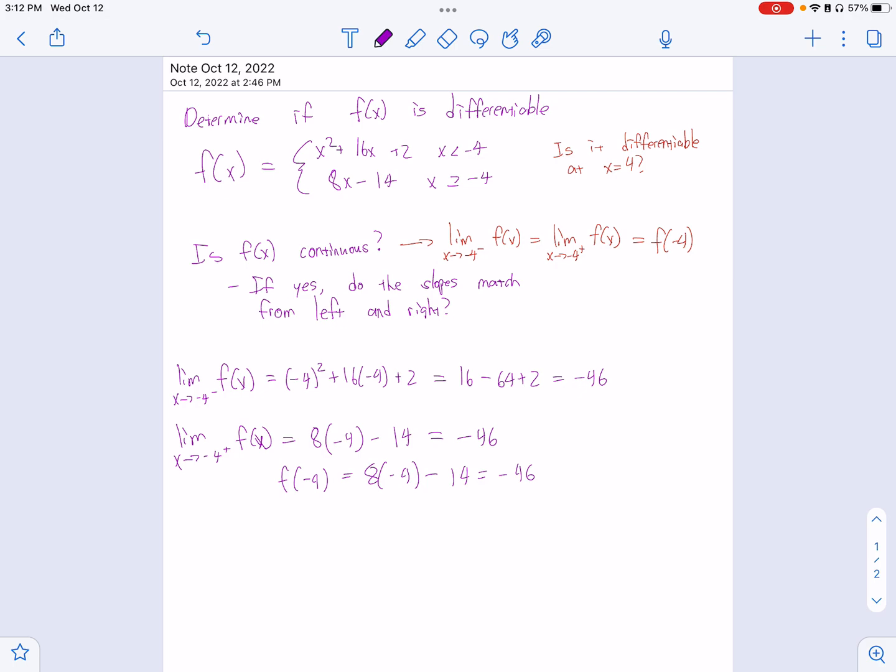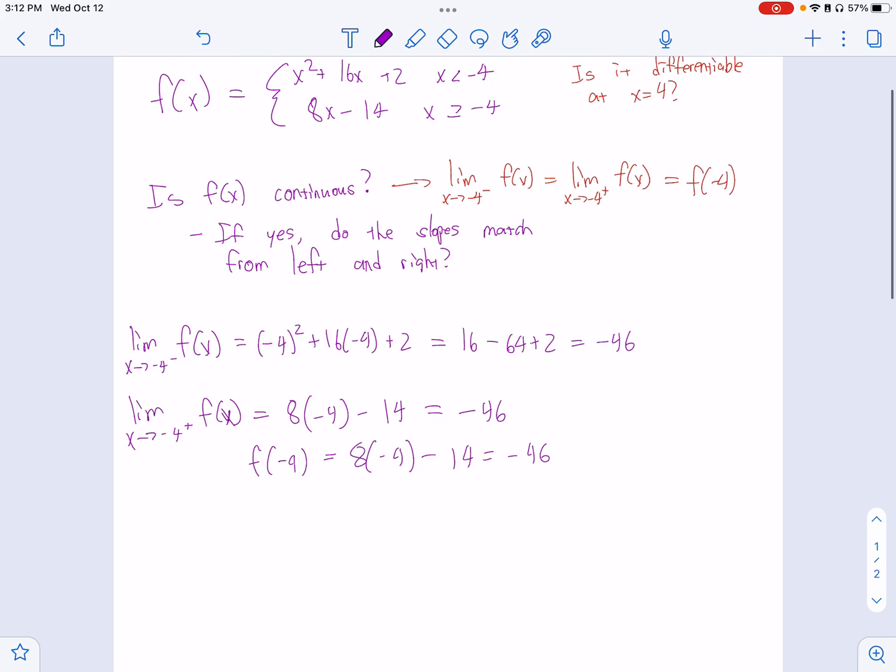So now I need to check if it's differentiable. And checking if it's differentiable means I need the limit as x goes to -4 of the derivative from the left to match the derivative from the right.